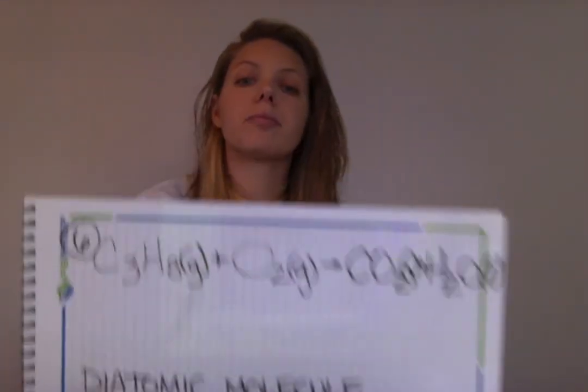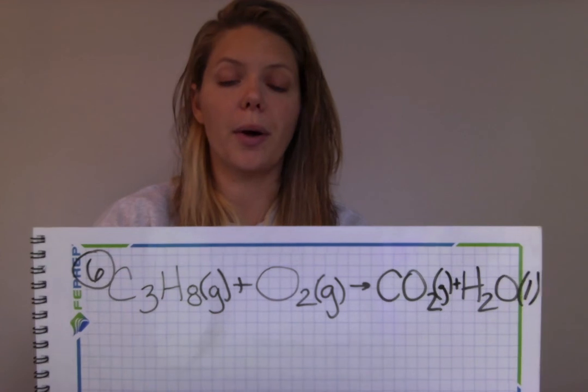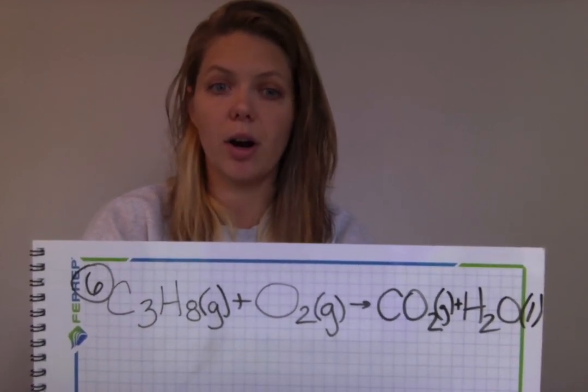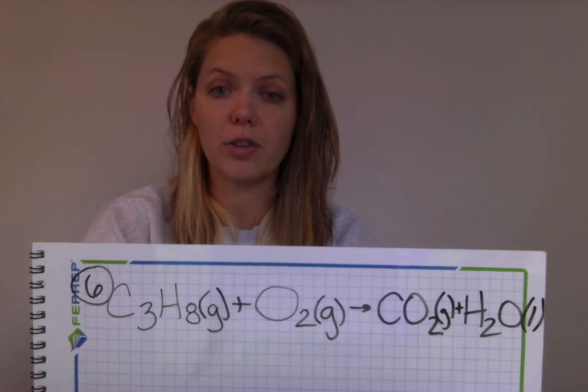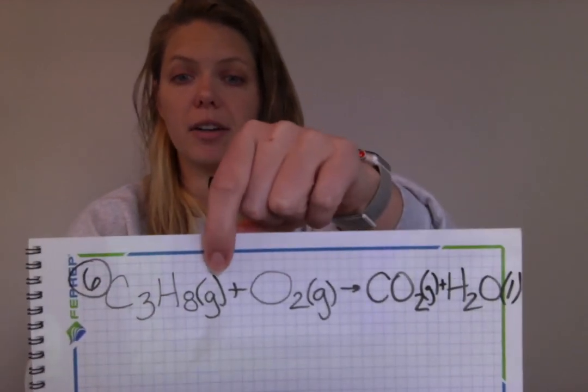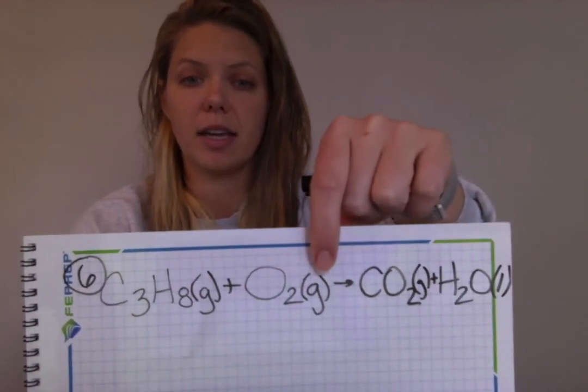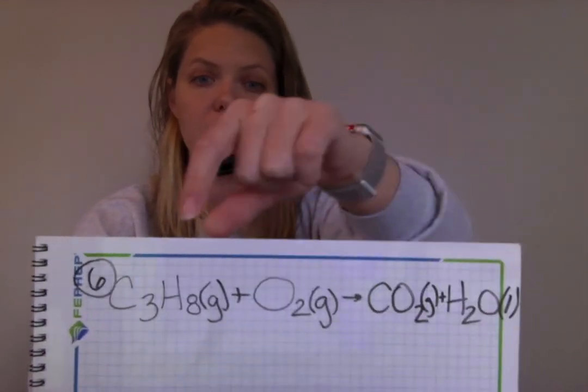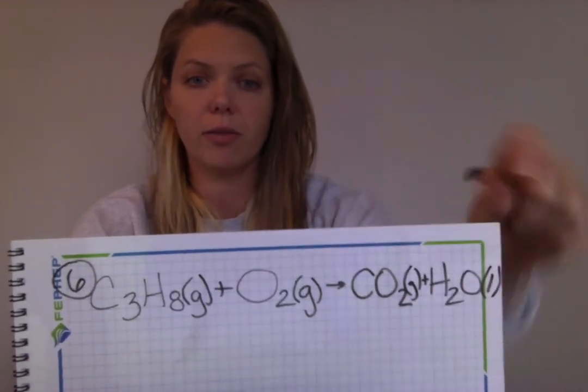So let's add in CO2 gas and H2O liquid. Here we go. I know it's a little jumbled up at the end, but that's number 6. We have our formula equation with our states of matter, as you see here: gas, gas, gas, and liquid. Lowercase g's and a lowercase l for the liquid.